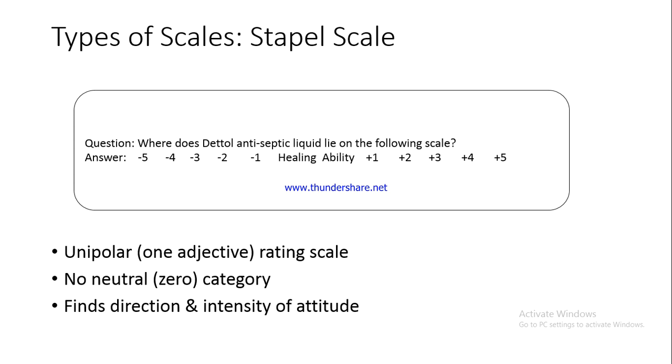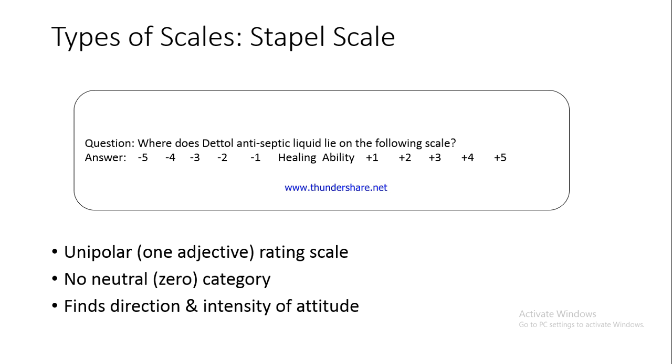On the other hand, towards right, you see that there are +1, +2. This way there are 5 positive numbers. So basically they are denoting a positive attitude or a favorable attitude of the respondent towards the Dettol antiseptic liquid's healing capacity. So this is what is meant by the direction of attitude.